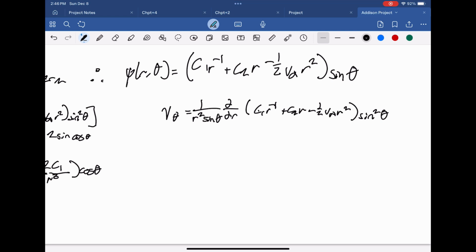And these are our equations for VR and for V theta.